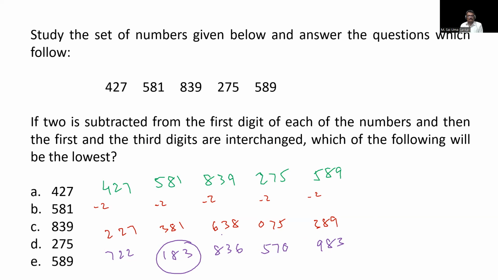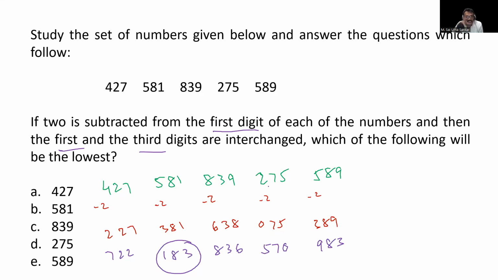Right? Now, come to this case. What is the condition? If 2 is subtracted from the first digit. Okay, that's okay. What is the next one? In each of the numbers, the first and the third digits are interchanged. That means the third digit occupies the first place and the first digit occupies the third place. Which of the following will be the lowest? That means here 2 is subtracted from which digit, first or third? That is equal to first.